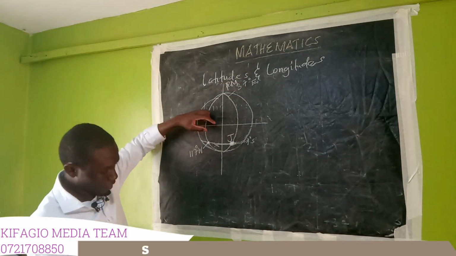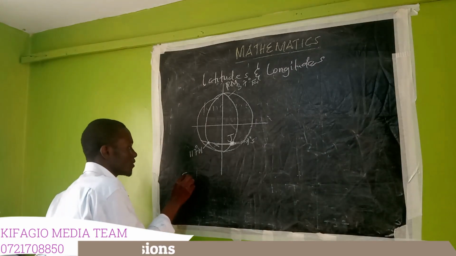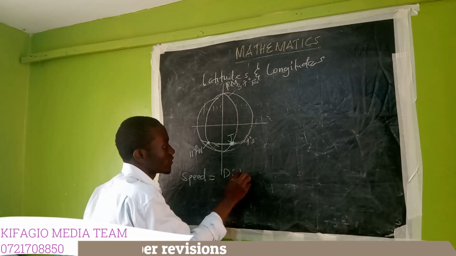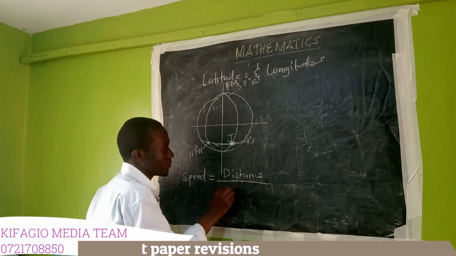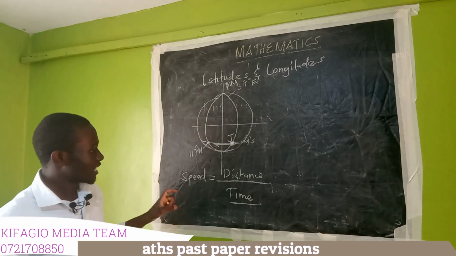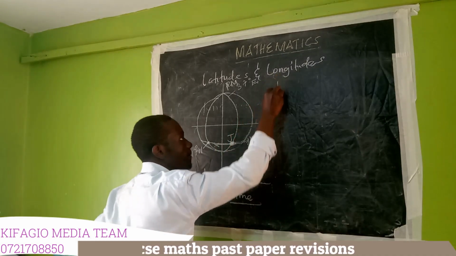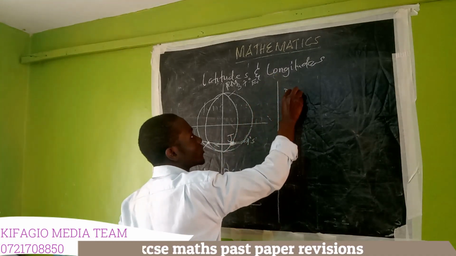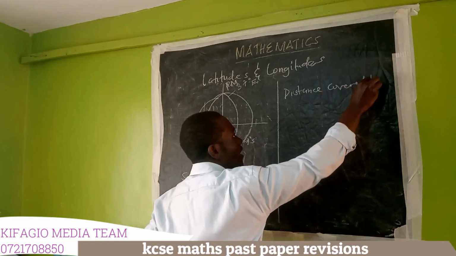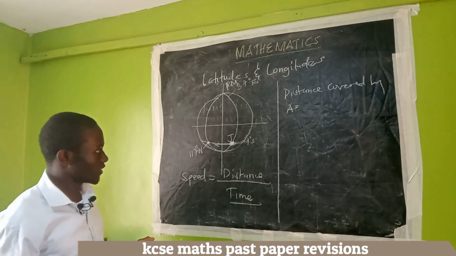So class, remember, speed is going to be given by distance over time. And therefore, if I'm to calculate the distance traveled by object A first, distance covered by A, then I need the angle difference.